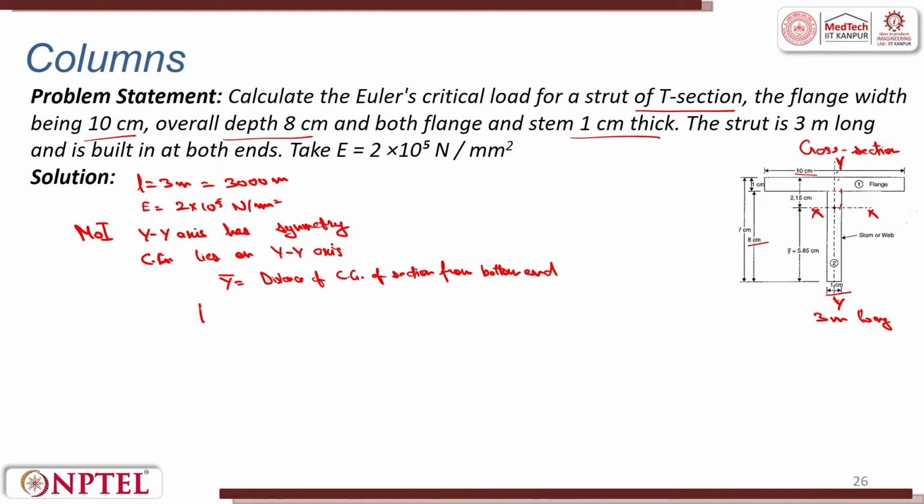Now, we know for the flange, the area is given. Small a1 is equal to the area of the flange, which is 10 into 1, that is 10 centimeter square.